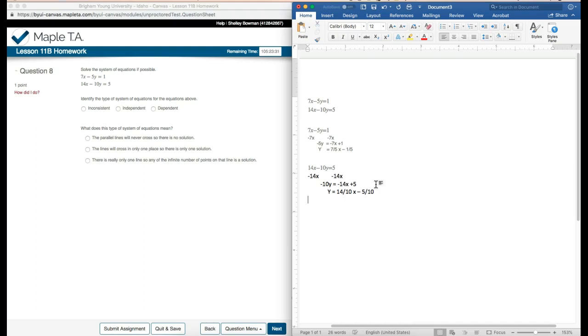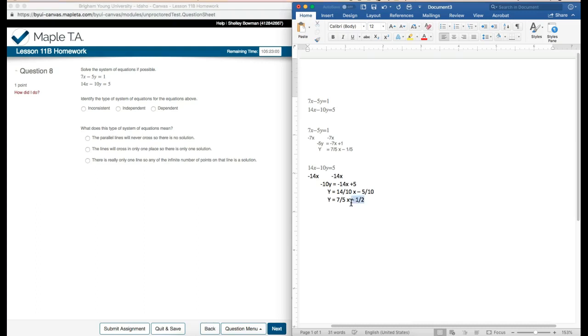And now let's go ahead and simplify those. So I'm going to copy and paste this down just because that makes it fast for me. 14 and 10 can both be simplified by dividing by 2. 14 divided by 2 is 7, and 10 divided by 2 is 5. And these two can be simplified by dividing both by 5. So I have 1, and 5 divided by 5 is 1, and 10 divided by 5 is 2.